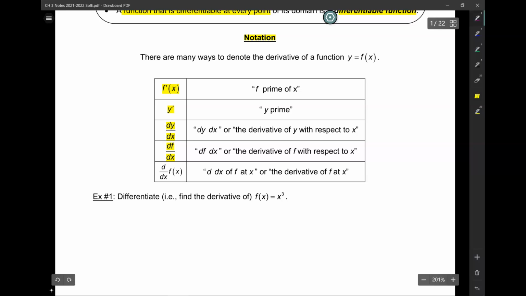And so if I write dy dx, where is the function here? That's the y. So if I isolate that function and write it alone, then it looks like this. As it turns out, this d dx is what we call in math an operator. And you've worked with operators before. All of these are operators: plus, minus.